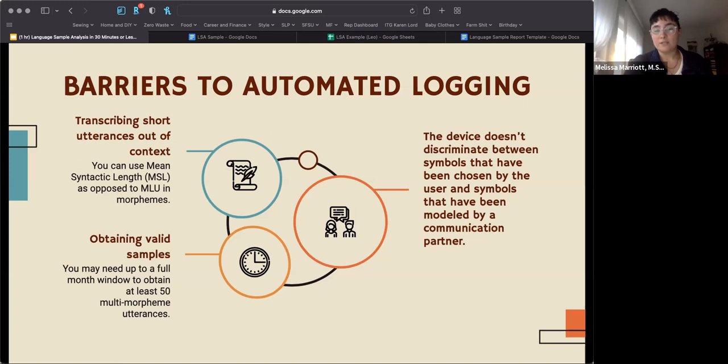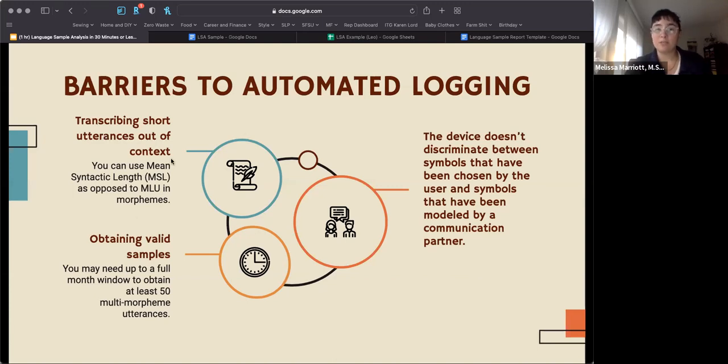It's not always as efficient as communicating through natural speech, and so, naturally, people use the simplest terms to get their message across. So that can be a barrier.